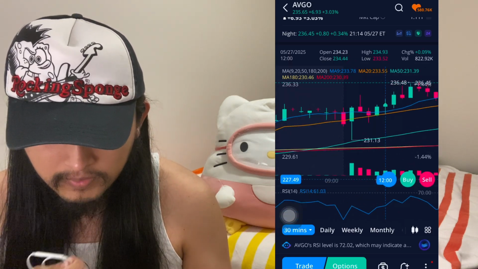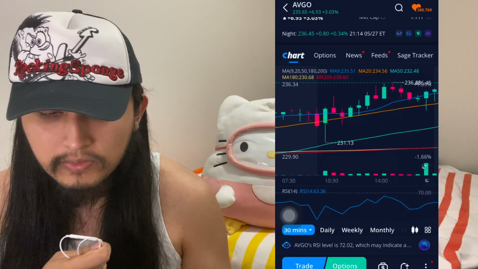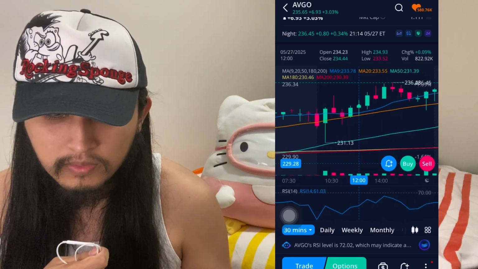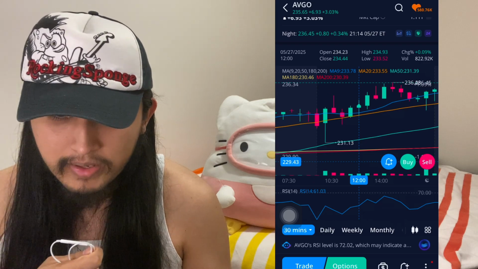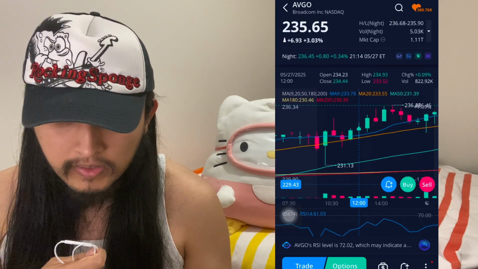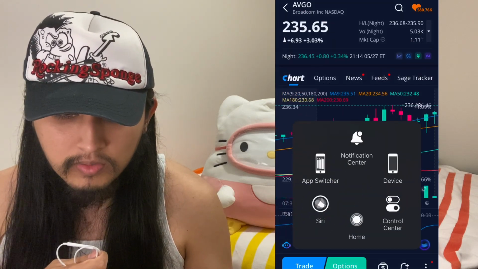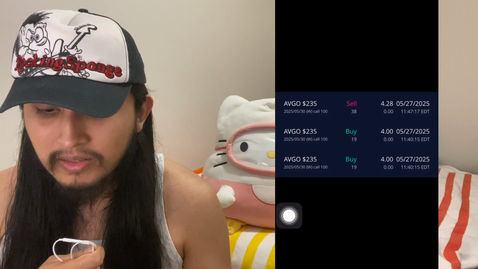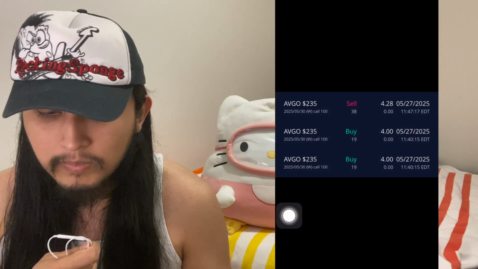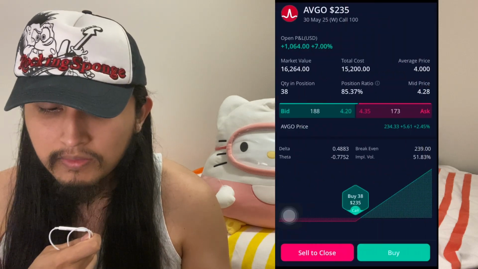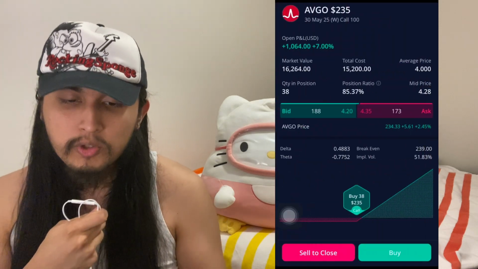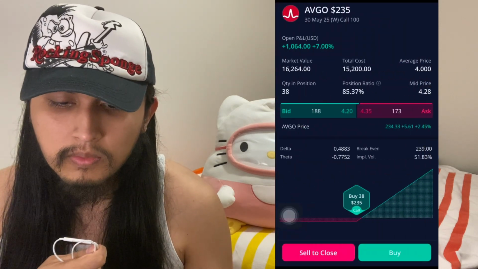This candle right here, as soon as I saw AVGO land on the 20-day moving average, I expected a bounce from the 20-day moving average. That happened. 7 minutes later at 11:47, that same candle, I sold out the position, making a gain of $1,064 trading AVGO call options.